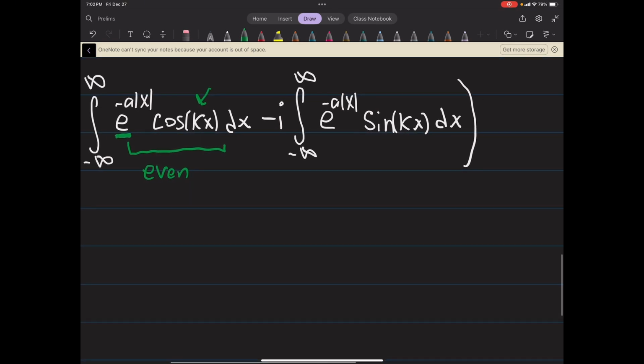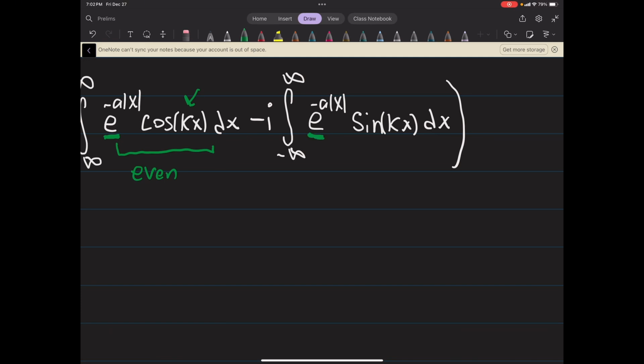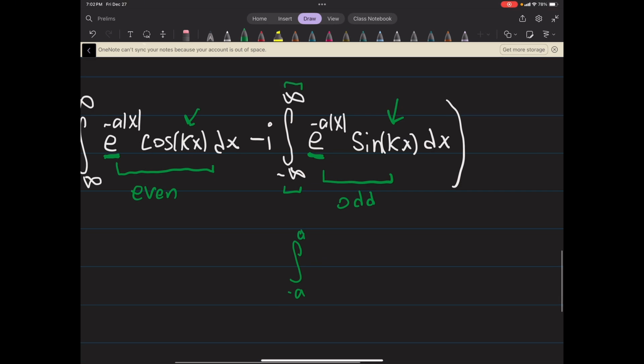On the other hand, e to the minus a absolute value of x is even, but sine of kx is always odd. So we have an even function times an odd function, which is an odd function. This is odd. And again, we can apply this because it's on a bound from minus infinity to positive infinity. It could have been any bound of the form minus a to a, but in this case it's infinity. This whole integral part is 0.